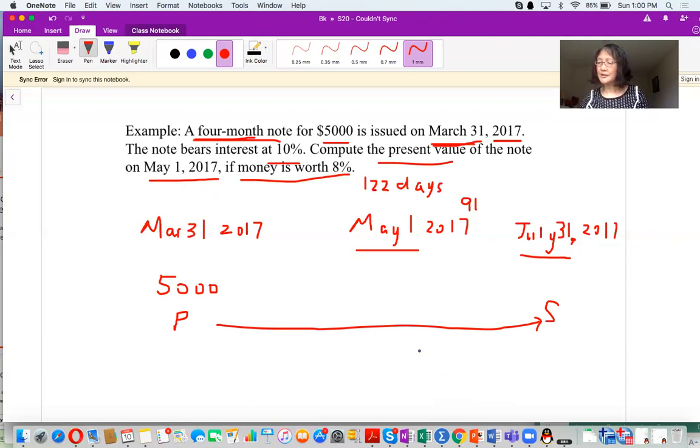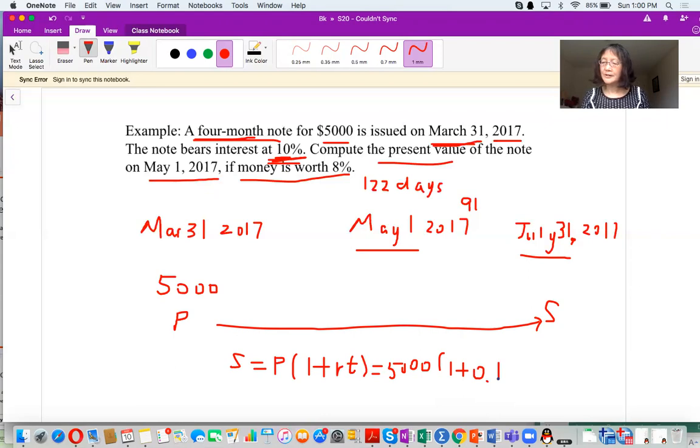You can use the formula S equals P multiplied by 1 plus RT. P is 5,000. One plus R, where R is 10%, so 0.1.